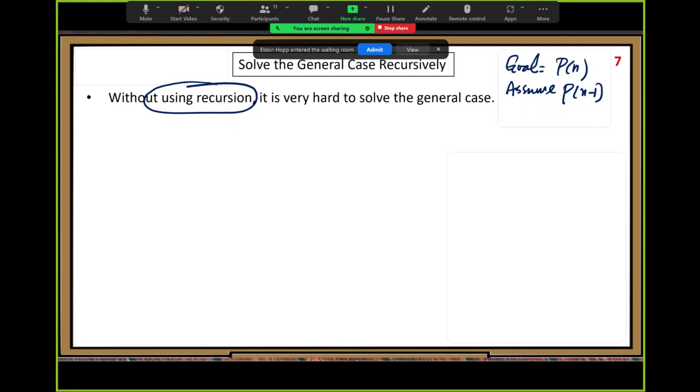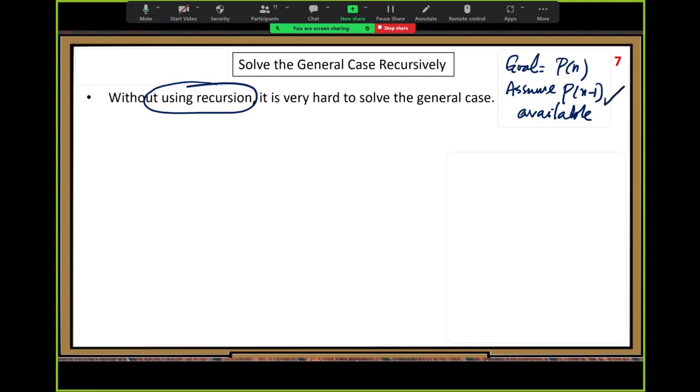Let me write, P available. Then it's not that hard, because if we can assume the solution of P of n minus 1 is available, then it contains a large number of disk moves in this solution.